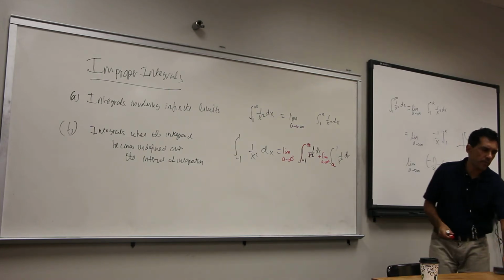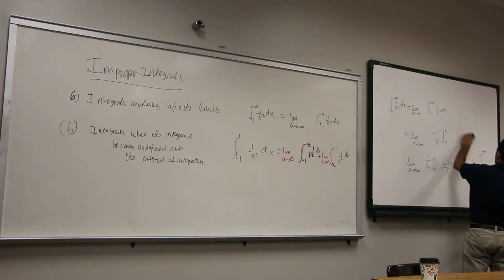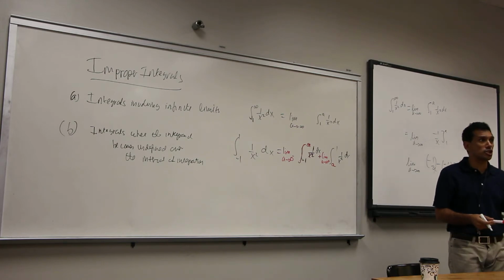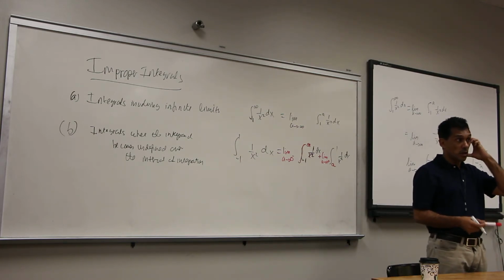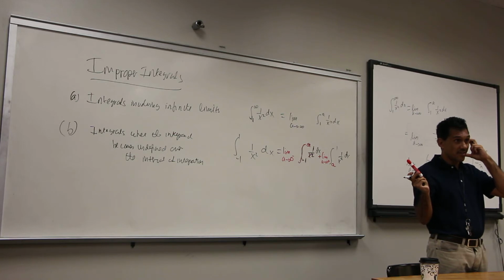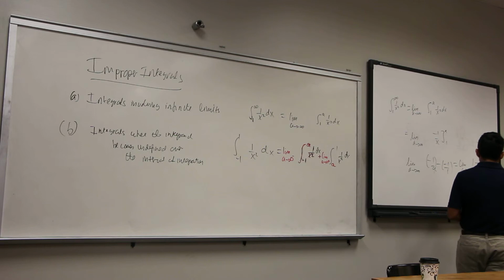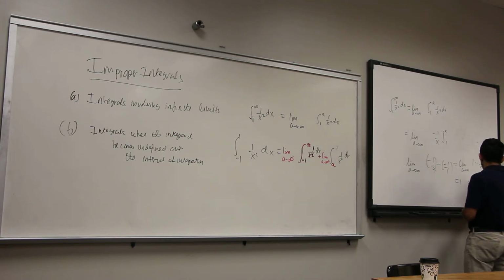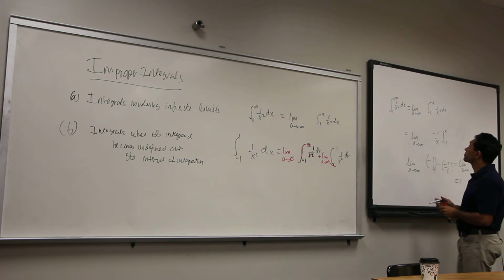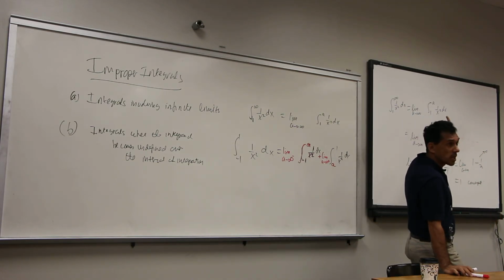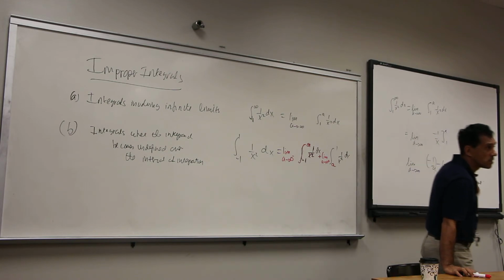So this number is 1. We say this is a convergent improper integral. That is, it turns out to be finite. This is a very important calculation. Extremely important.